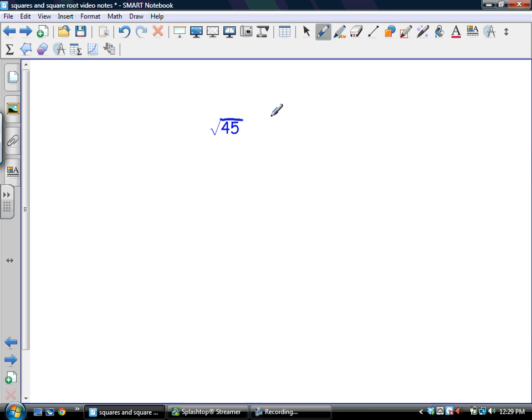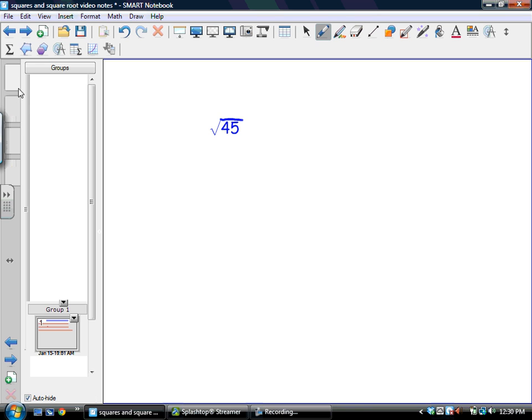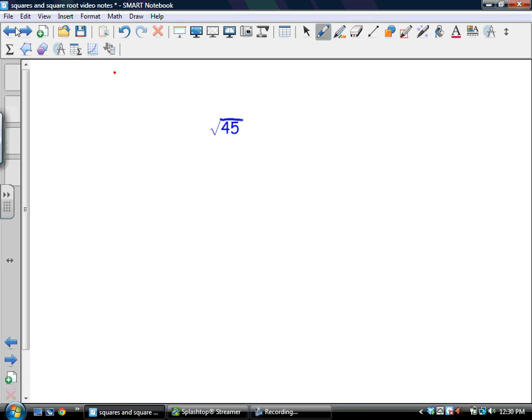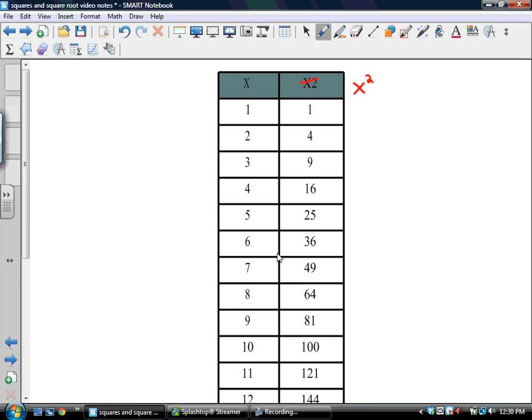The way we're going to approximate this is you find the two perfect squares that 45 is between. Okay? So I go to my table and go back there real quick. I look on here and find, well, what would 45 fall between out of these perfect squares? Well, 45 is going to fall right in here. It's between 36 and 49.